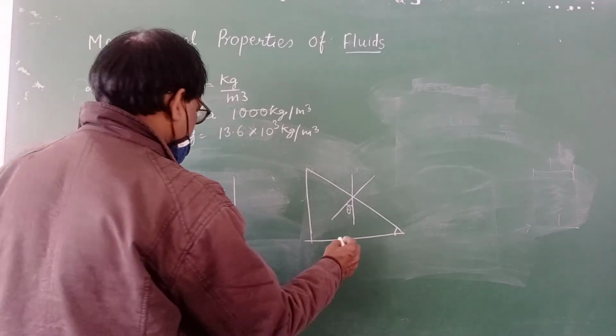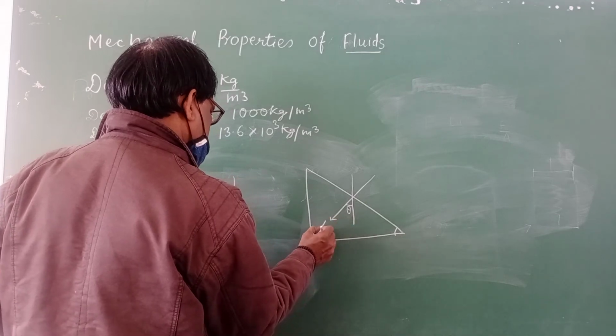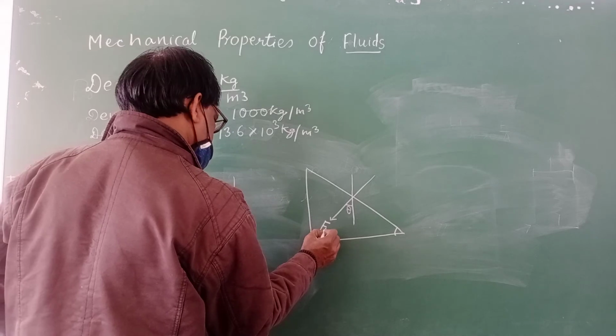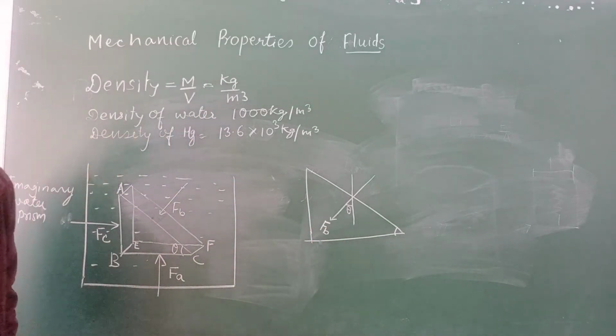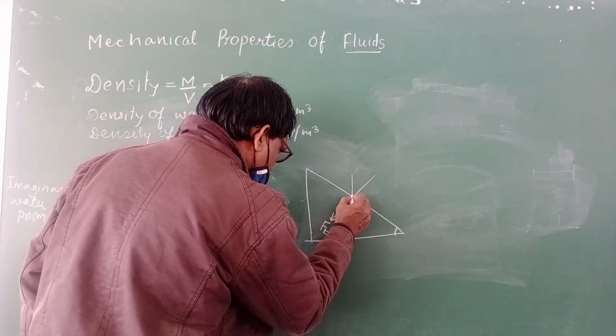Here in this direction FB is acting. When FB is acting in this direction, it will have two components. Because the vector is this side, one component will be this side.